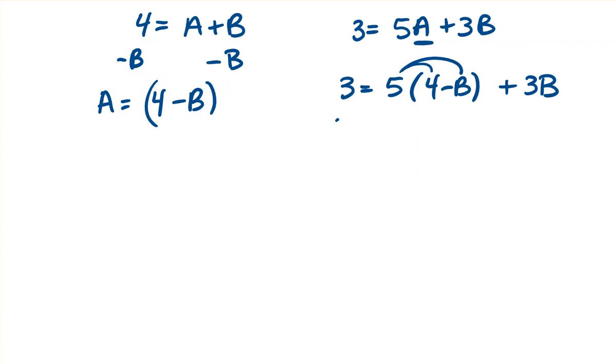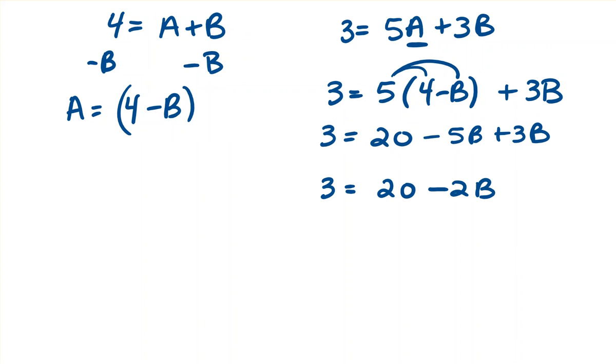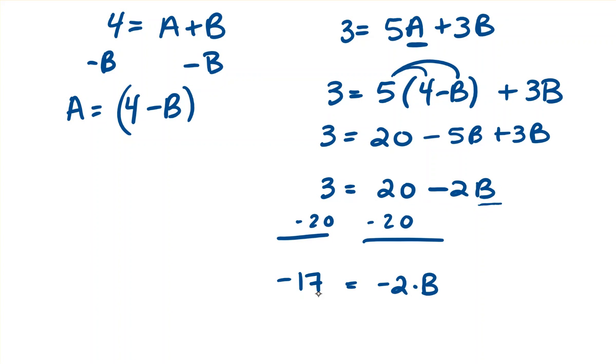We're going to distribute and solve, so we get 3 equals 20 minus 5B plus 3B. And we would get the simplified equation as 3 equals 20 minus 2B. Solving now for B, we get negative 17 equals negative 2B. We find that B equals 17 divided by 2, or equivalently 8.5.